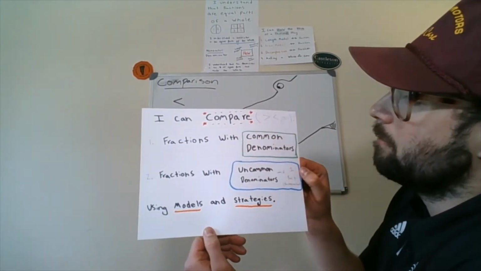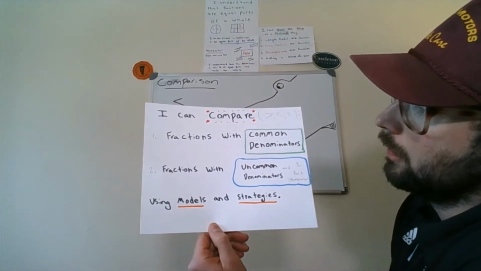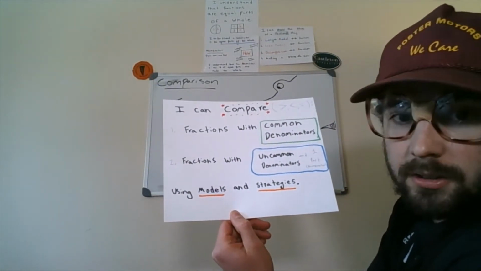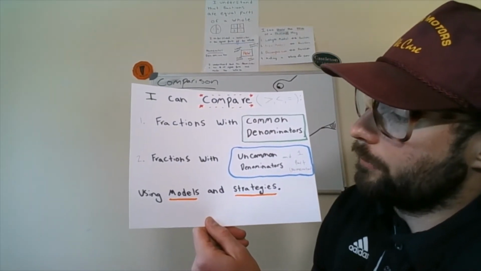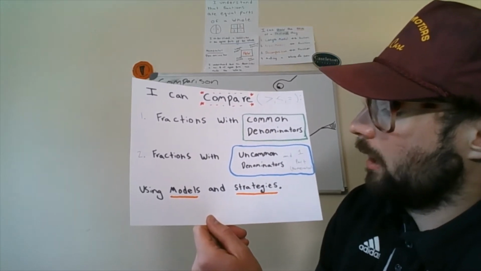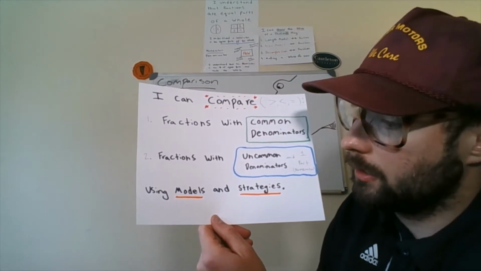I can compare, here's my symbols of comparison. Firstly, fractions with common denominators. Secondly, fractions with uncommon denominators and one part. So, having a 1 in that numerator.